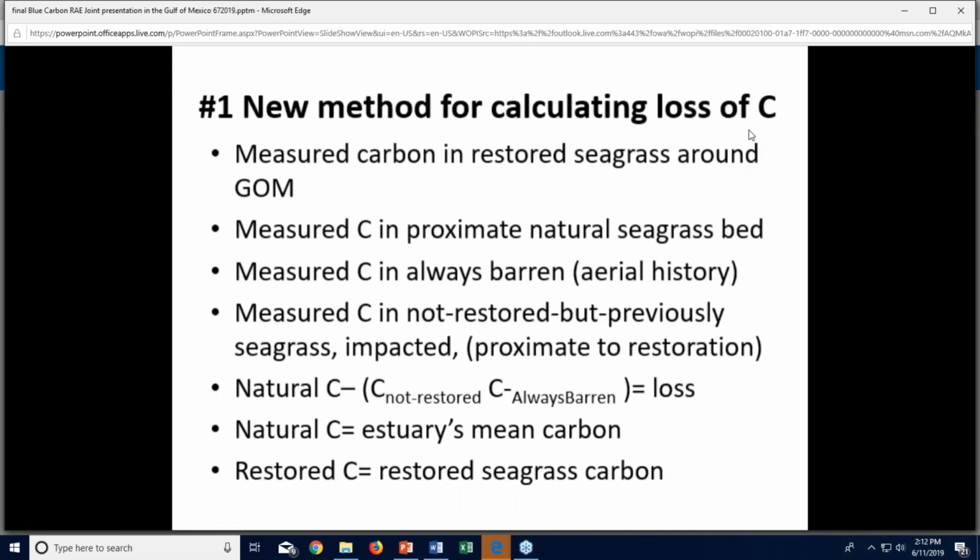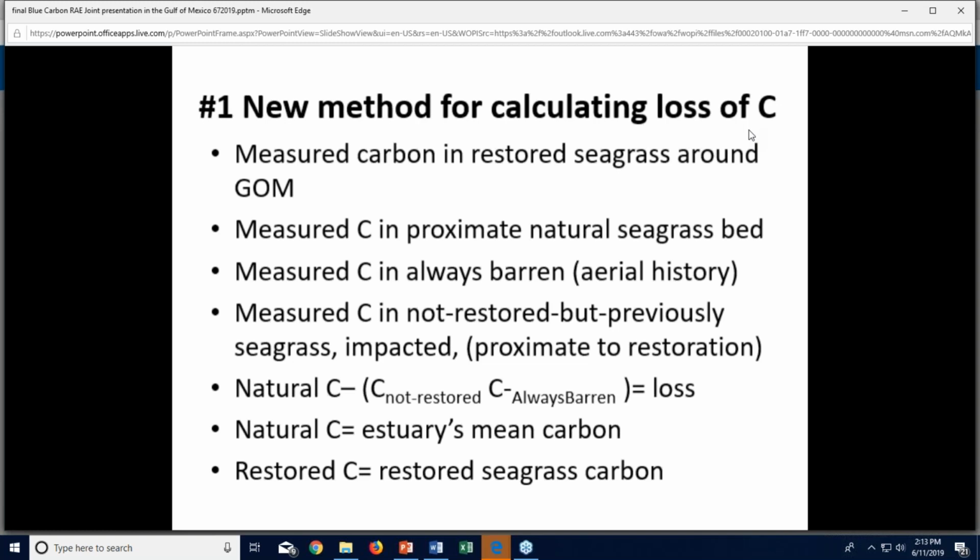So let's talk about seagrasses. There's a new method that we used for measuring carbon, and what we did is we went to areas where I had done restorations, and we measured the natural seagrass bed proximate to the restoration, the restored seagrass bed, and then we measured an area that was always barren.